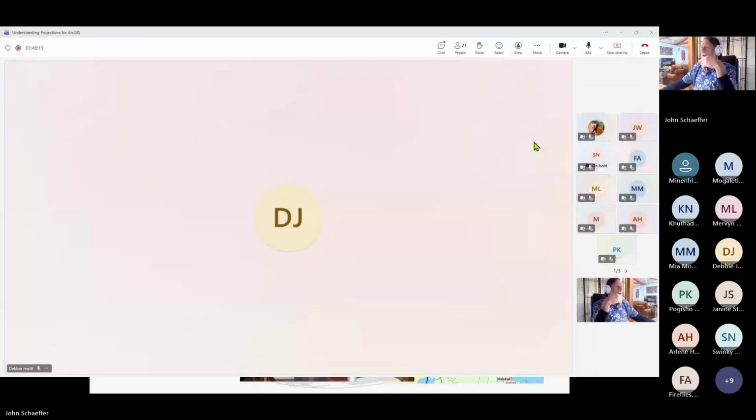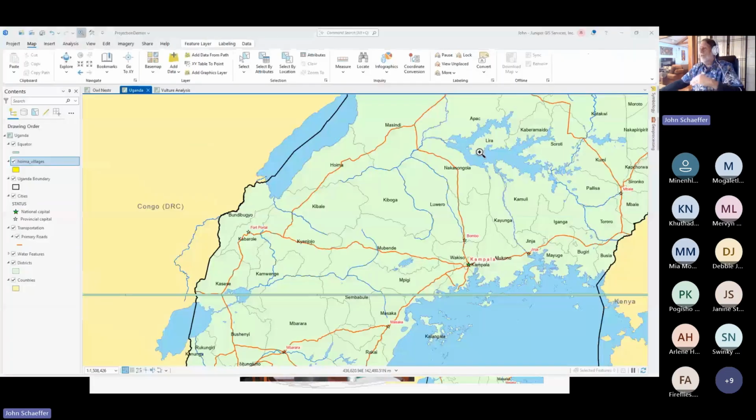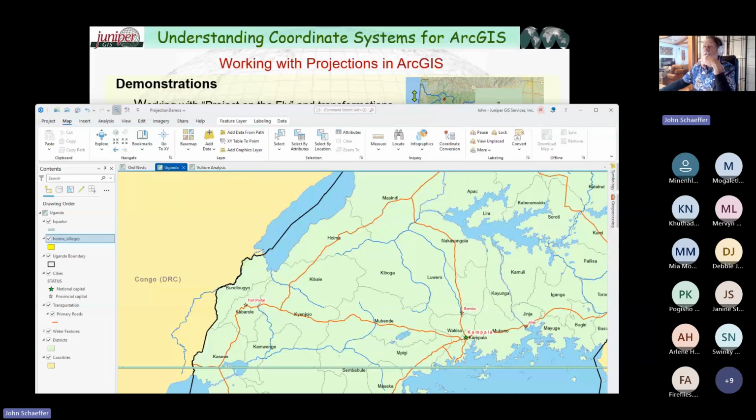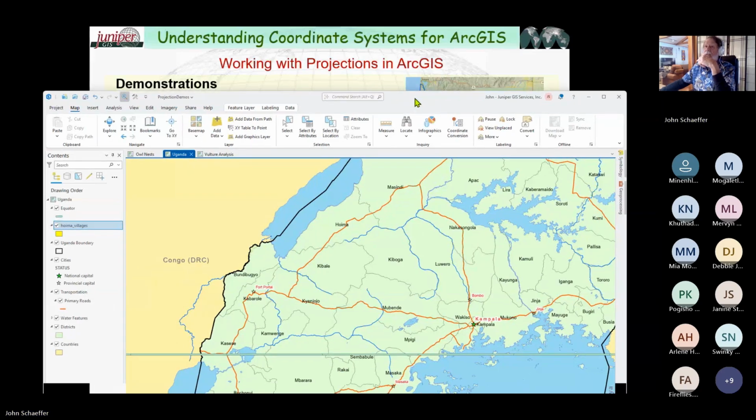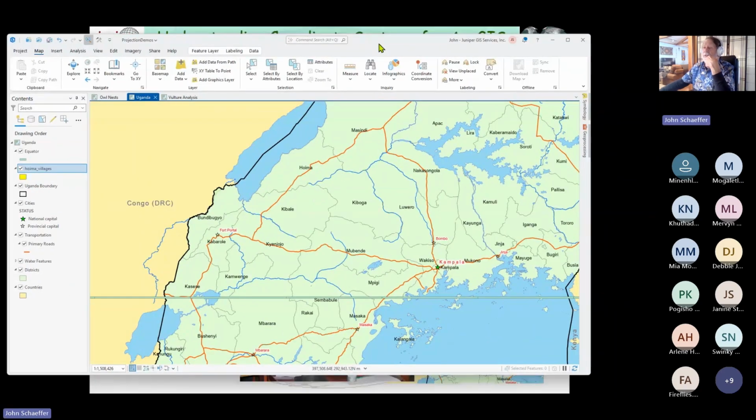Okay. Yeah, I was trying to clear the little box that shows who's attending because it kind of sits right on top of whatever I'm doing. I think maybe what I'll need to do is just make my map a little smaller.